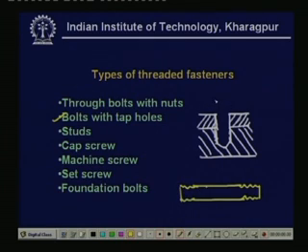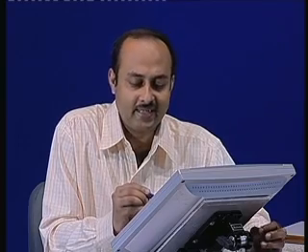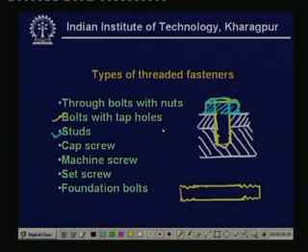So, now we have a stud, and then we tighten it by means of a nut. Let me draw in a different color. So, there is a nut over here, and this is the stud. Now, this is used again in various machine elements. The advantage is that the threads are not damaged, as occurs for the bolts with tap holes.